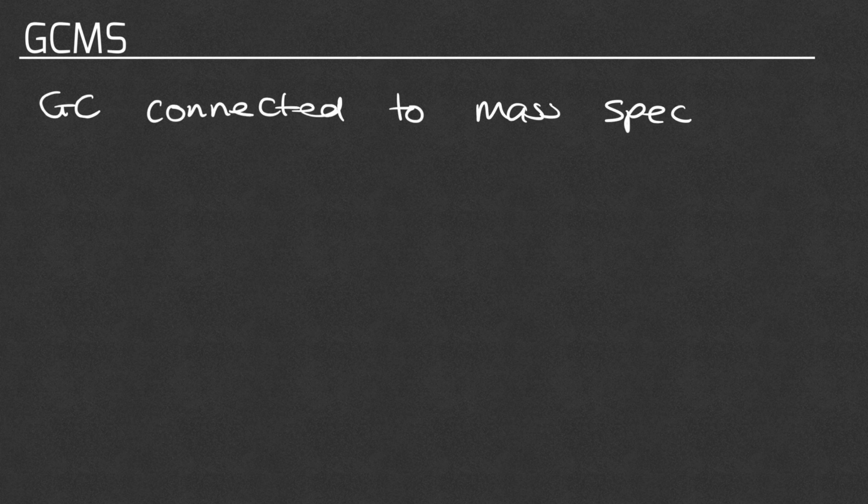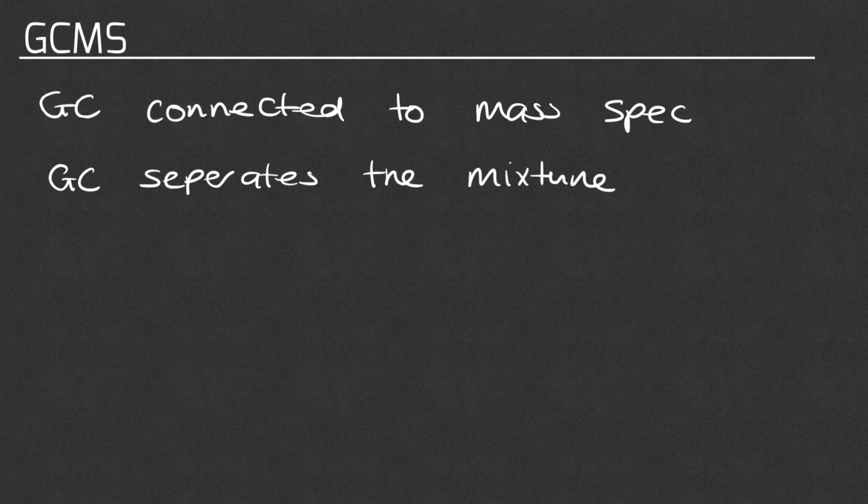You can also use a combination of gas chromatography and mass spectrometry called GCMS. This is where your gas chromatography machine is connected directly to a mass spec machine. It works exactly like the example we've just looked at.